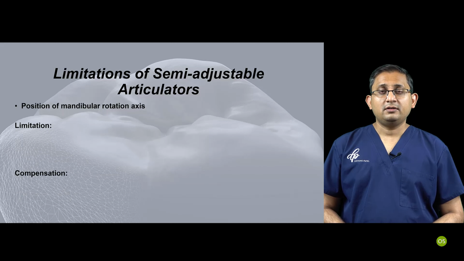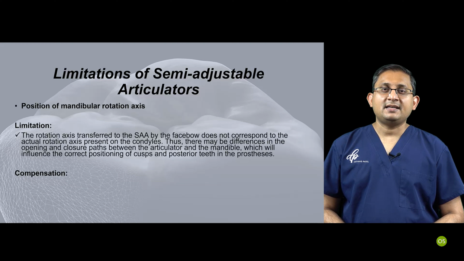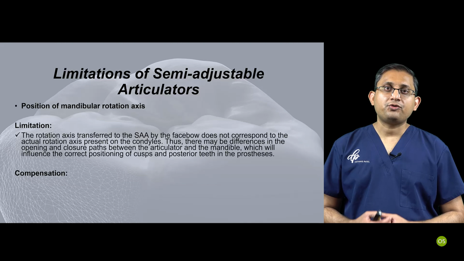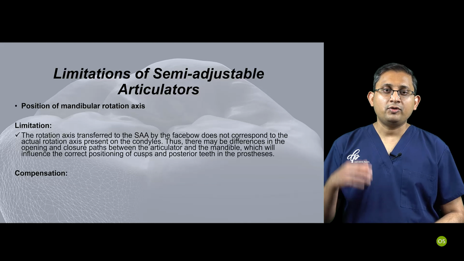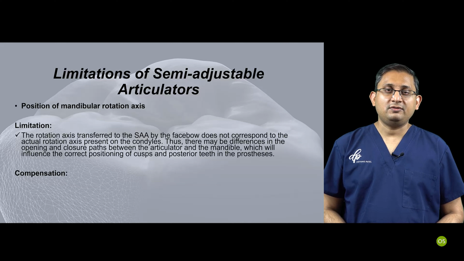Now, the other limitation the semi-adjustable articulator has is that you are not recording the patient's true hinge axis. You're not recording the mandibular hinge axis because you're not using a fully adjustable or kinematic facebow.